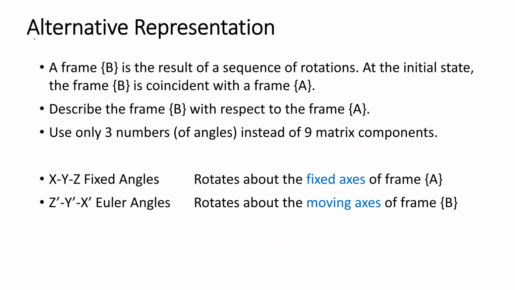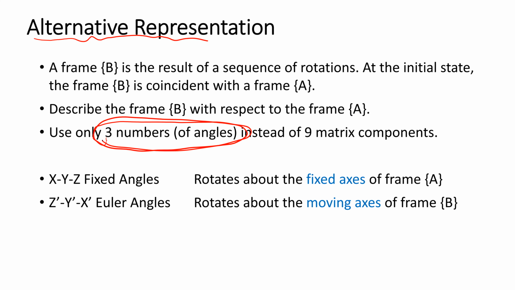And that thing we call the alternative representation. Alternative representation gives the same information as the rotation matrix, but with only 3 components.